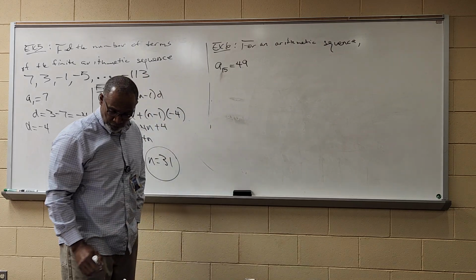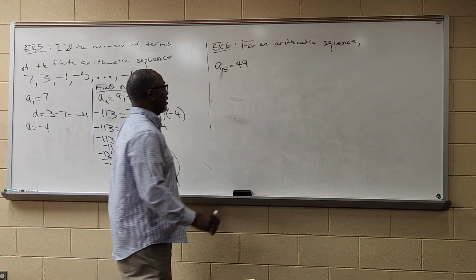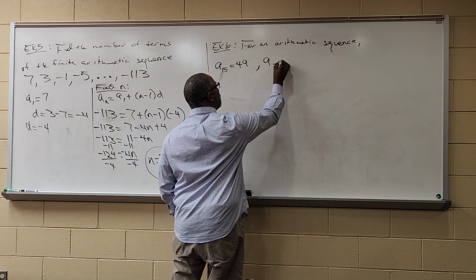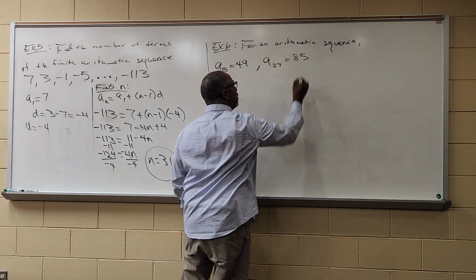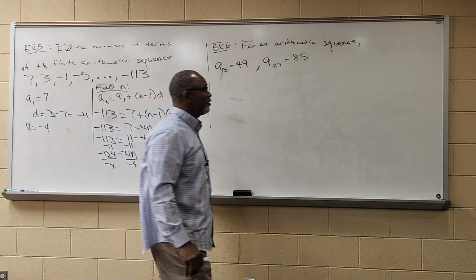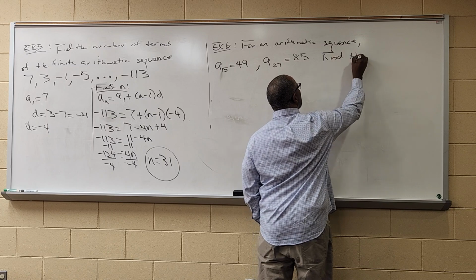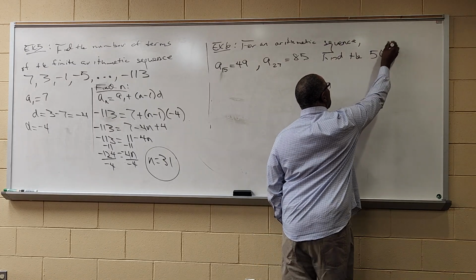The 15th term is 49. And they say the 27th term is 85. Okay, so they give us two terms in the sequence. They want us to find the 500th term.